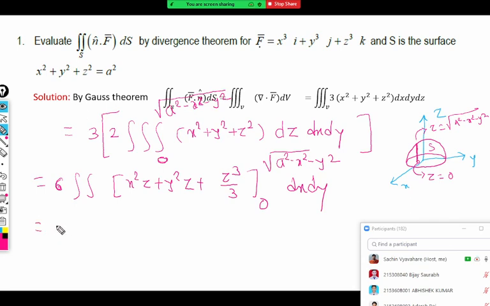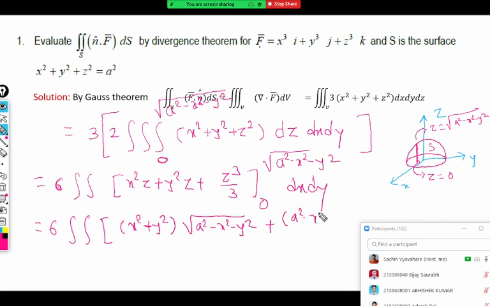So this becomes 6 times the double integral. We can write it like this also: x square plus y square into z, where z is root of a square minus x square minus y square, plus a square minus x square minus y square bracket raised to 3 by 2, upon 3. Yes, sir. Okay.